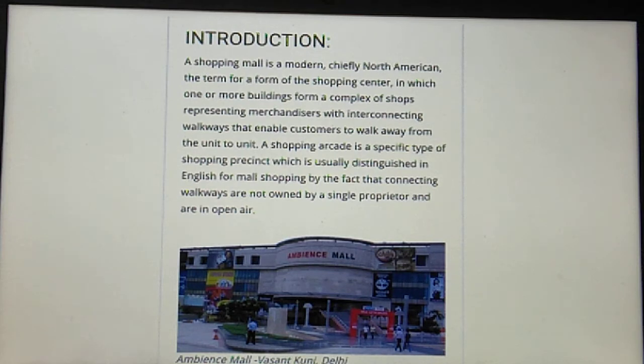You can add a few points, such as what type of products they are dealing with and how they are satisfying the customers. You will write this in the introduction, and you can paste the picture of this Ambience Mall in this way.